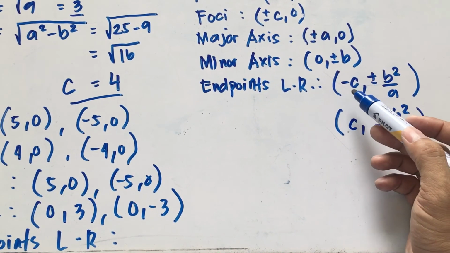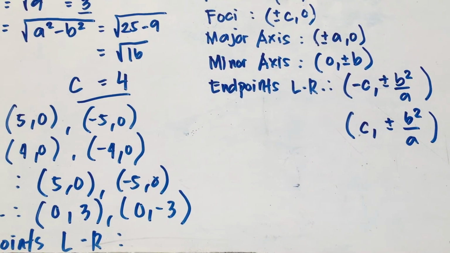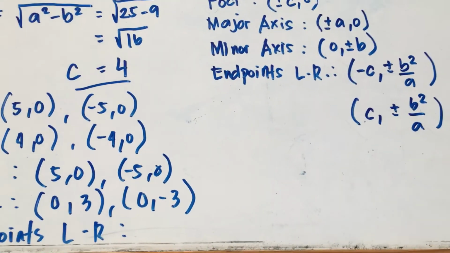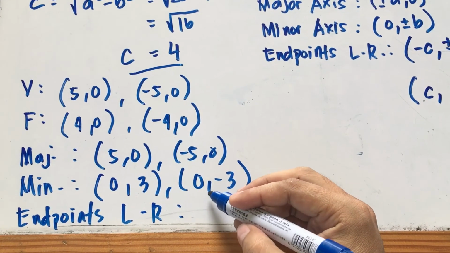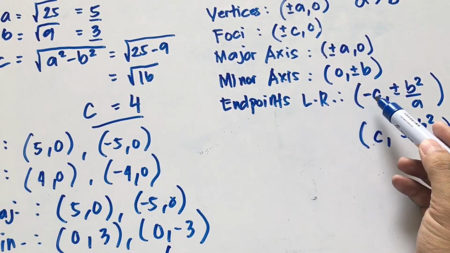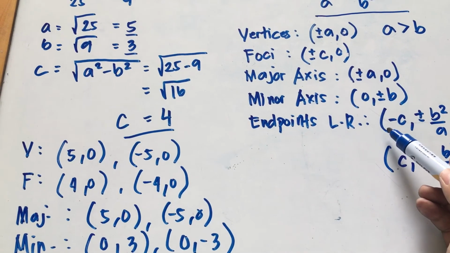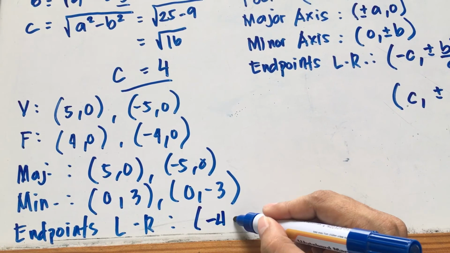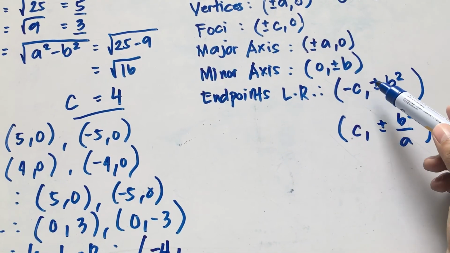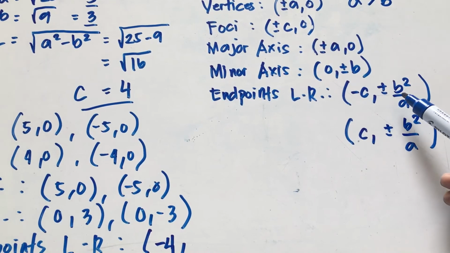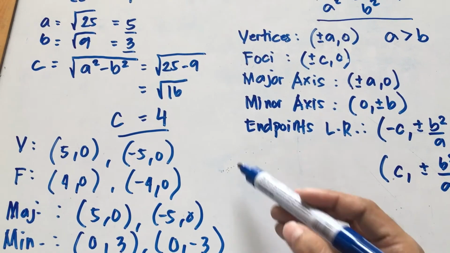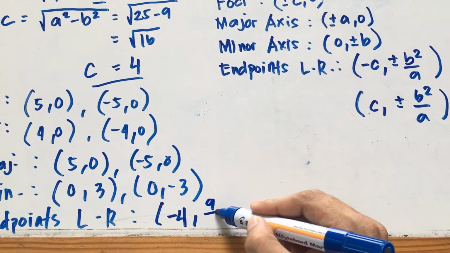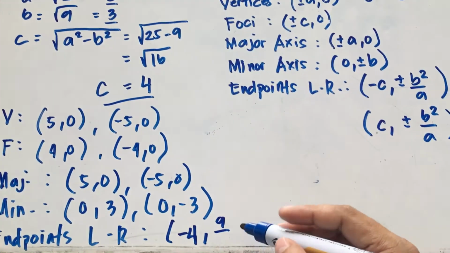The first one is negative C, plus or minus B squared over A. So to solve for it, we have negative C. What is our negative C? Your C is 4, so negative 4. Then positive or negative B squared over A. Let's focus first on positive. B squared is 9, so that is 9 over your A. Your A is 5.